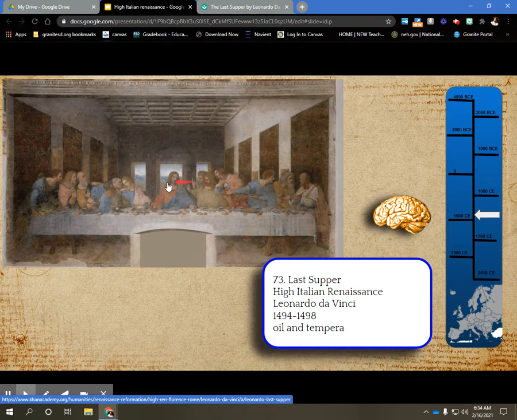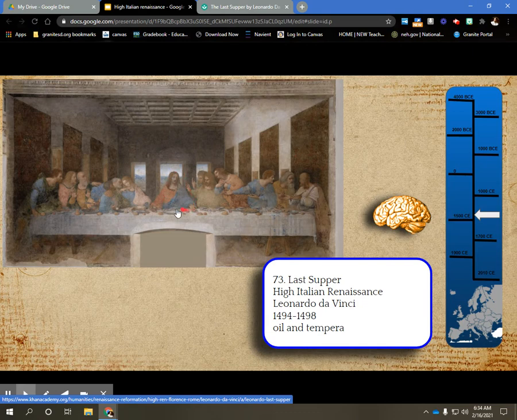They're using their implied lines. The faces, the gestures are again pointing to Christ and looking at him as he has just announced that one will betray him. Okay, now Christ is also enlarged slightly.